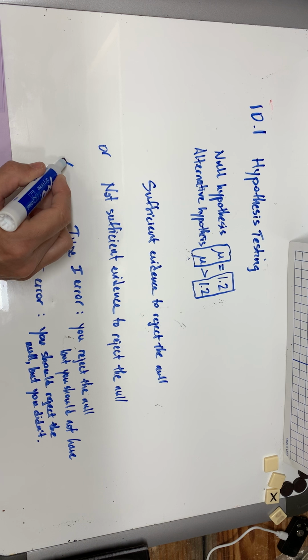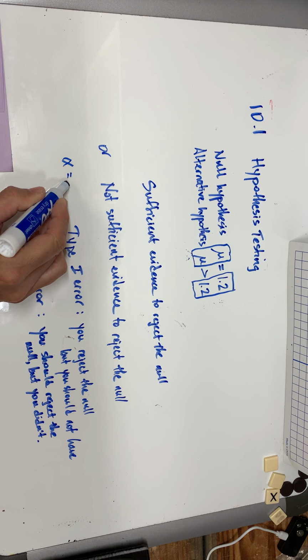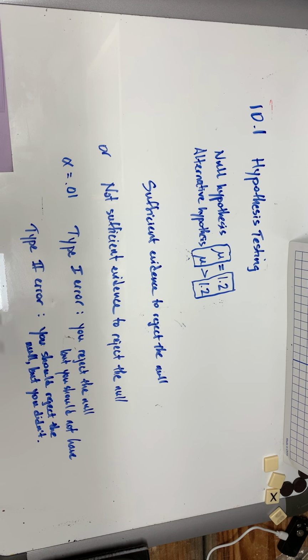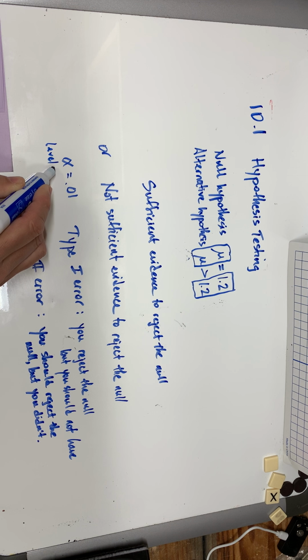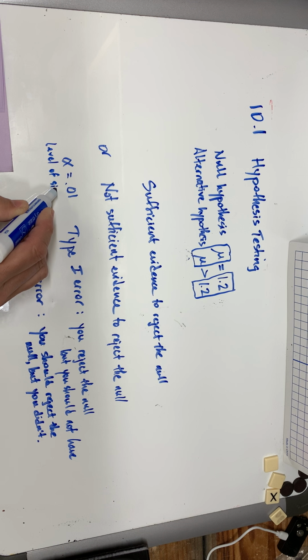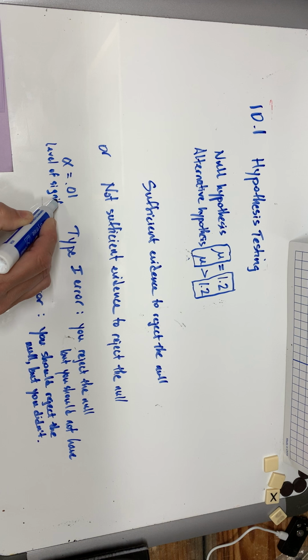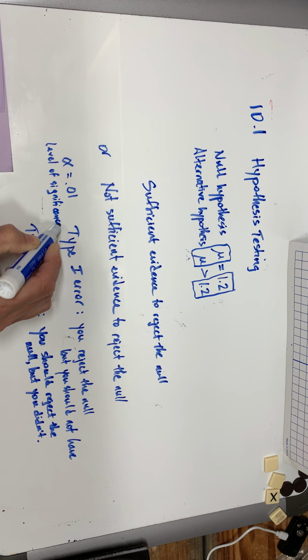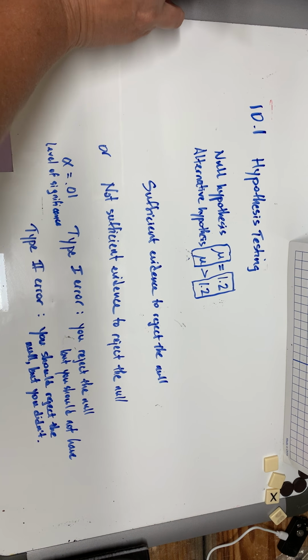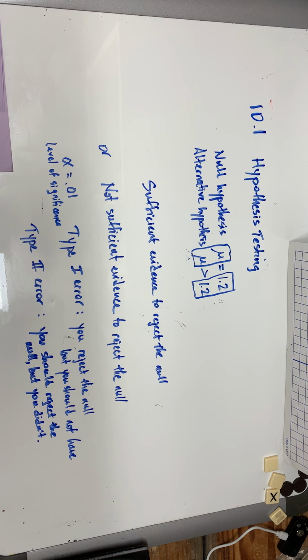So I would call that an alpha level of significance. If my alpha is 0.01, we would call that my level of significance. And what it means is that I have a 1% chance of committing this type 1 error.